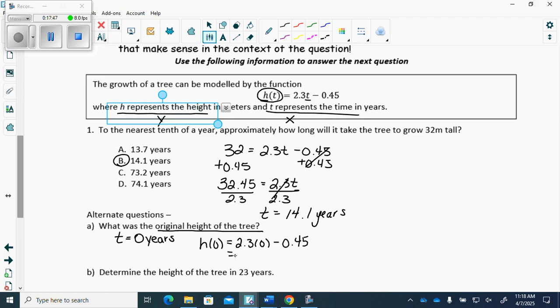Now, some people panic. They're like, how in the heck, Lepp, could this ever happen that a tree might be negative 0.5 meters? And then I would say, it's a seed. Planted in the ground.